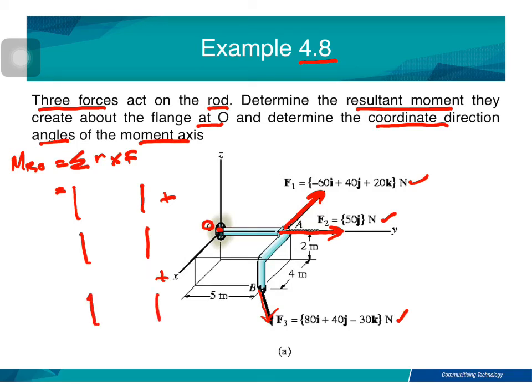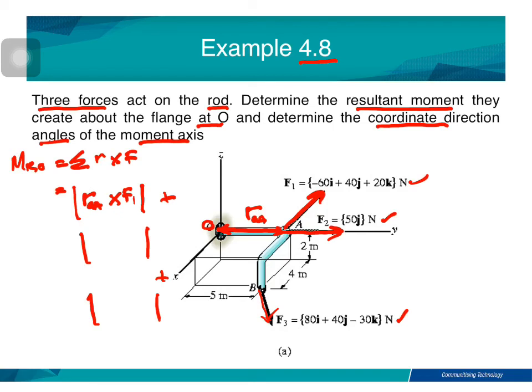For the first, we need F1, so we need to get what is this R. Here we have ROA cross F1, and then plus F2.